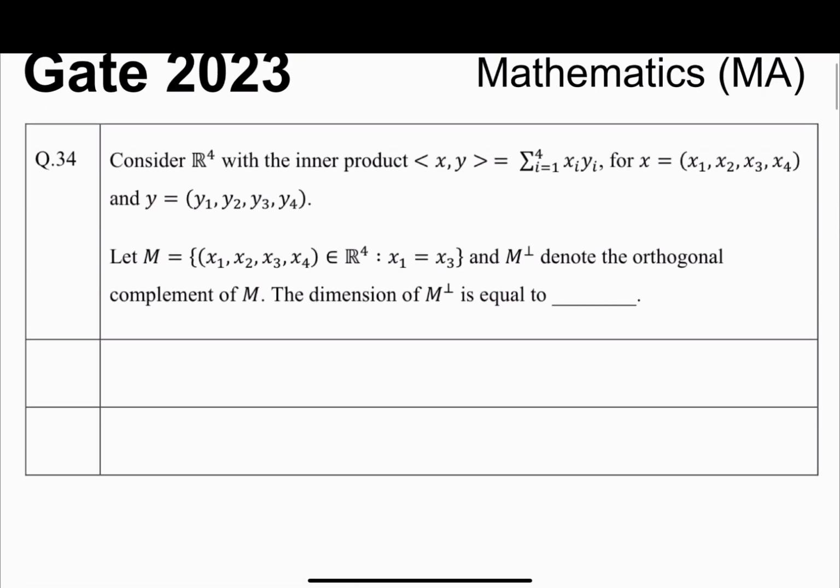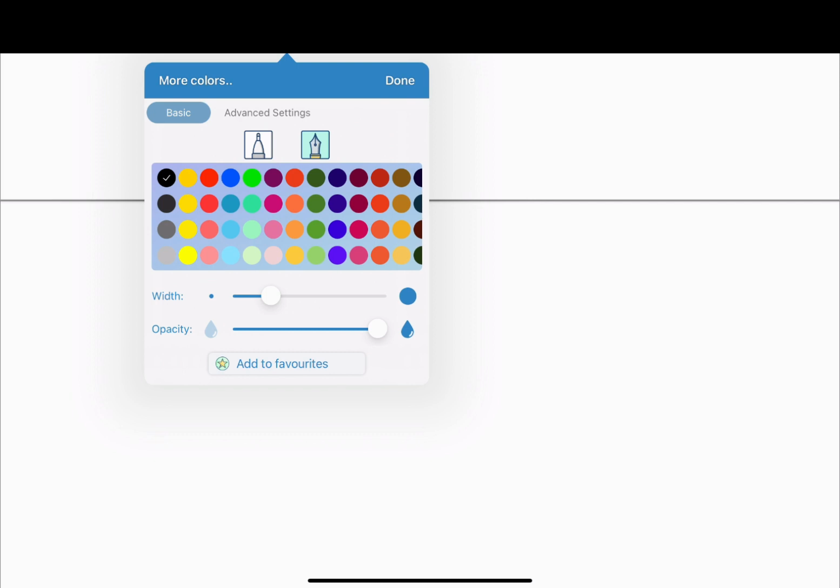Okay, let's start. The inner product space is on R4. On R4 we have two vectors, x, which is x1 x2 x3 x4, and y, which is y1 y2 y3 y4.